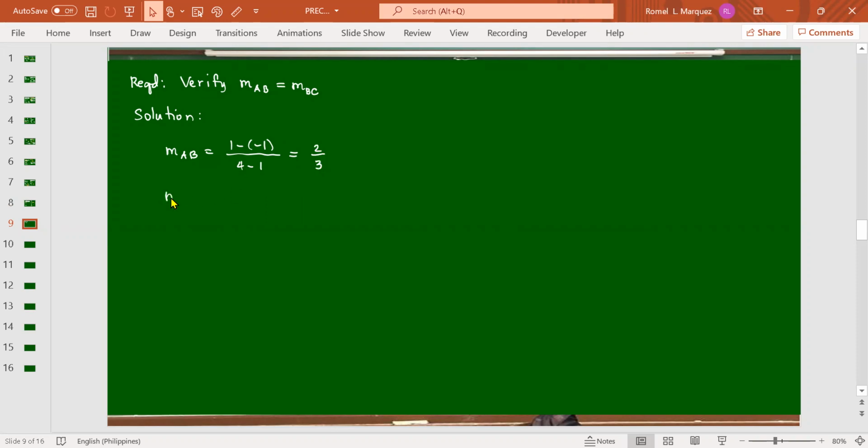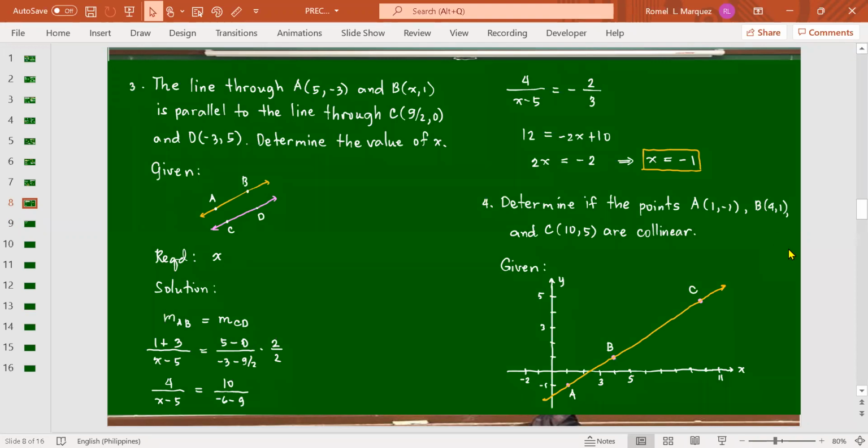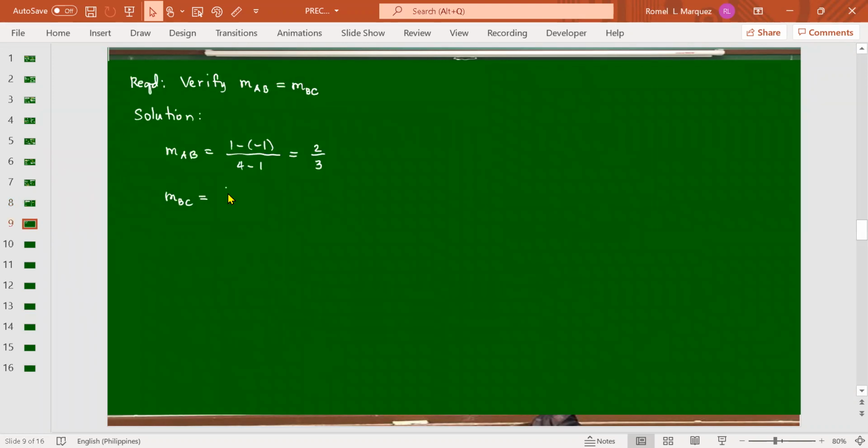What about the slope from B going to C? Let's see. 5 minus 1 all over 10 minus 4. Am I correct? That is 4 over 6. What is 4 over 6? 2/3. Are they equal? Yes.